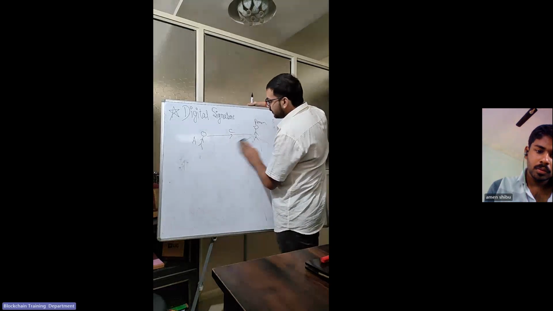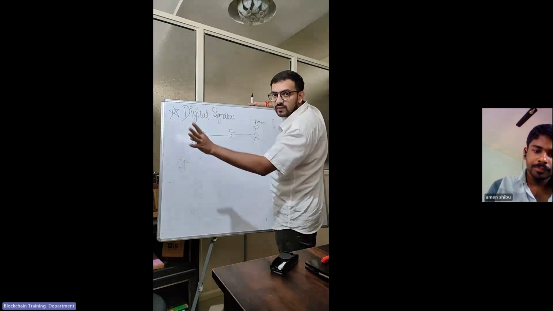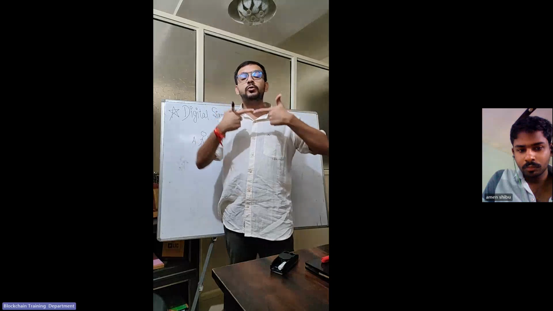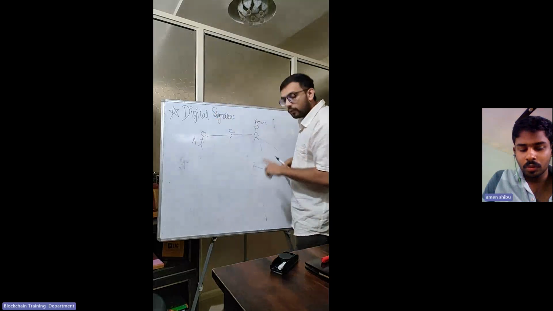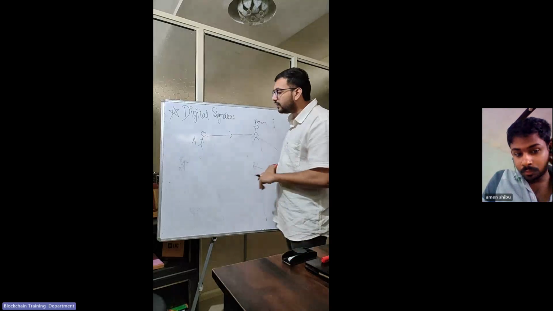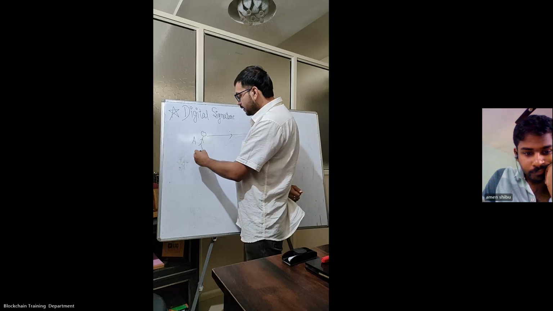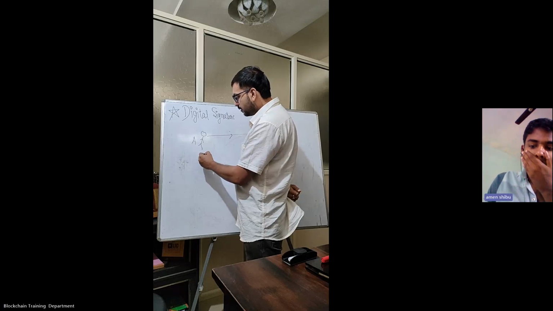Don't get confused. The cipher message is different, but before the message there has to be a connection to know that this person is authenticated. So before sending a message in encrypted form, suppose this is a document.